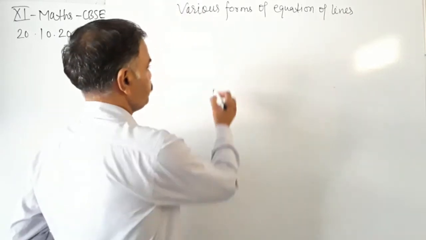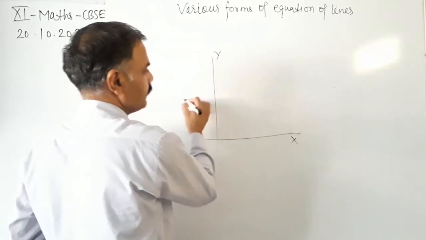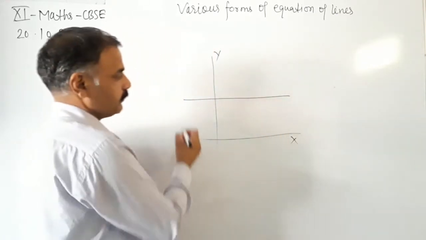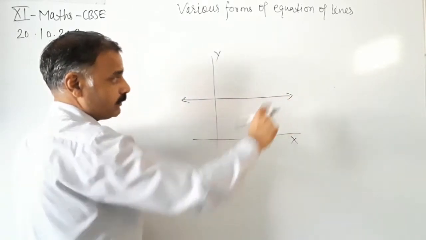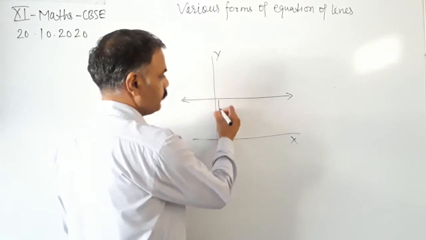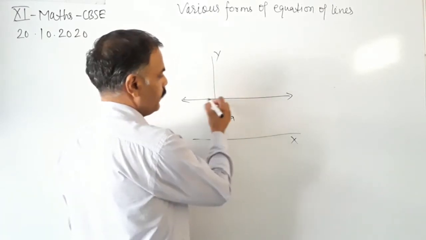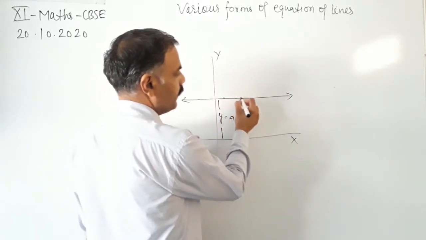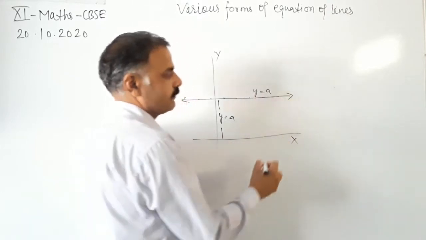Like this: this is the x-axis, this is the y-axis, and this is a horizontal line, which means a line parallel to the x-axis. Suppose this is y equals a. So at every point on the line, we will have y equals a.